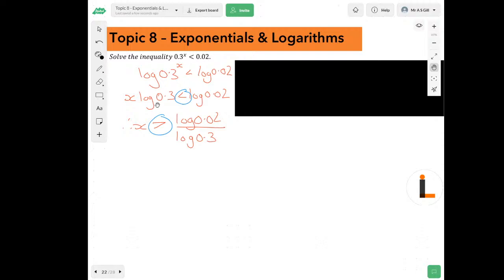So when we divide by log 0.3 in this step here, we're dividing by a negative value, so we have to invert that sign and make it face the other way around. So then our final answer is that x is greater than 3.249... Okay.